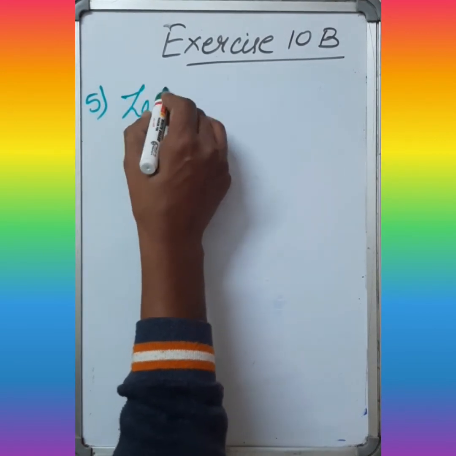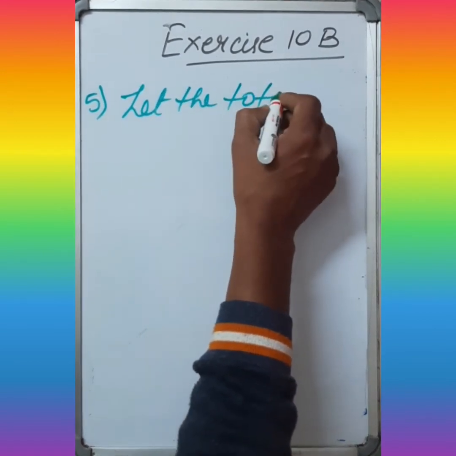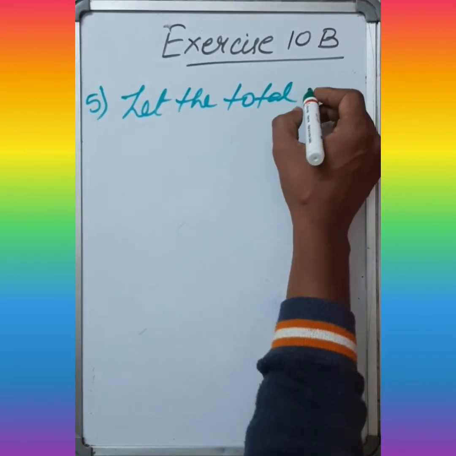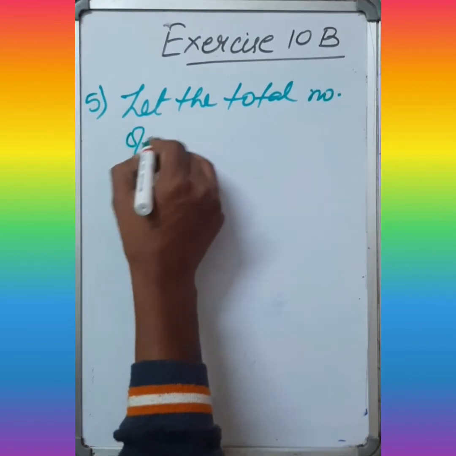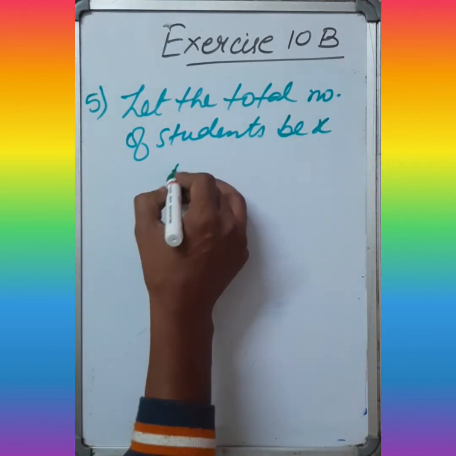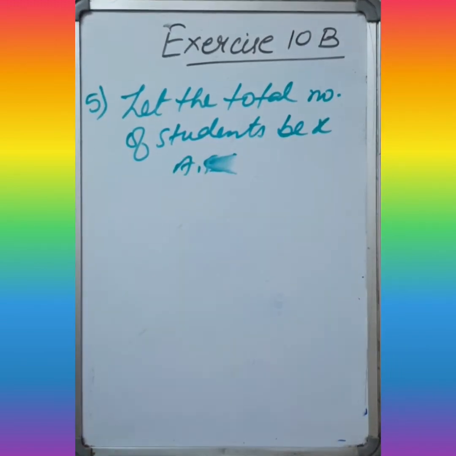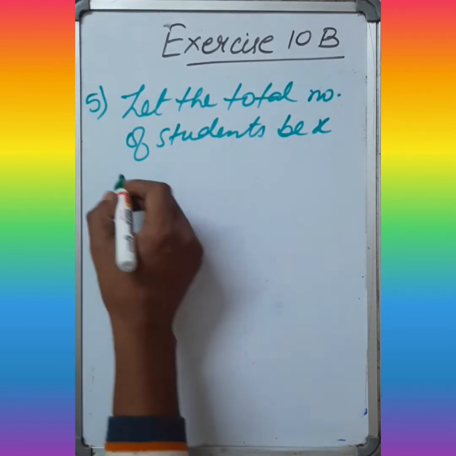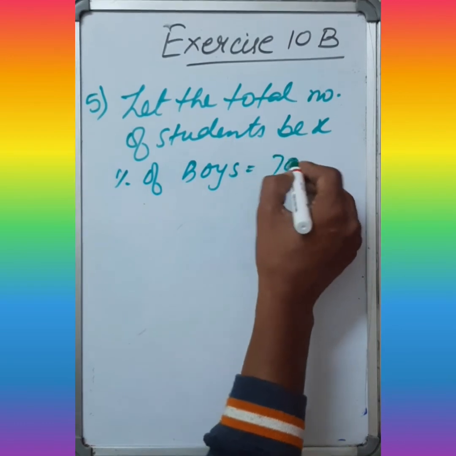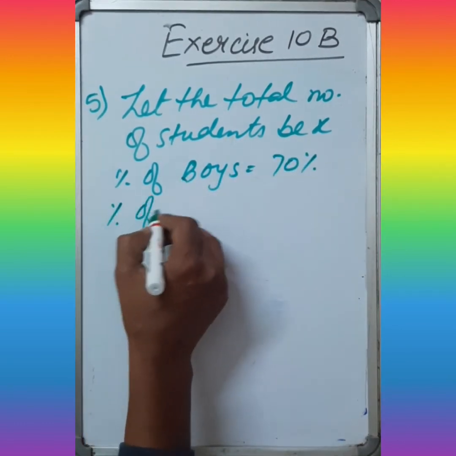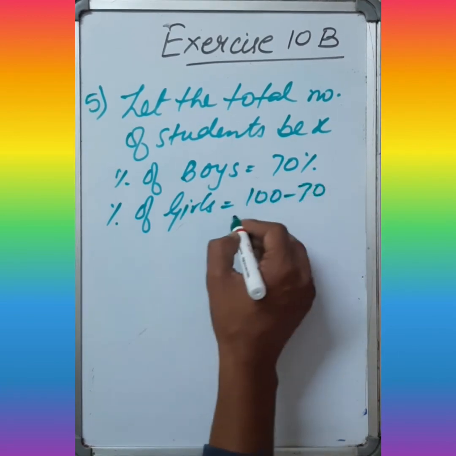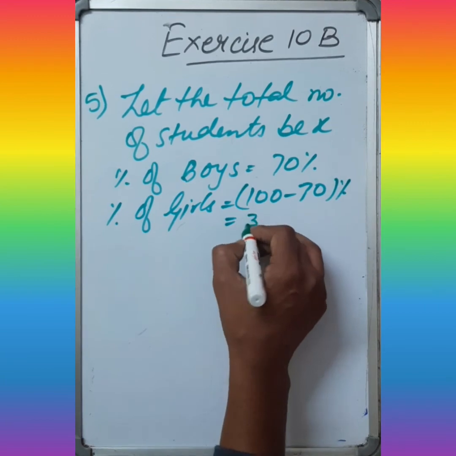So first of all, I'm going to find the total value. Here let the total number of students be x. Okay. ATQ. Percent of boys equals 70%. Percent of girls equals 100 minus 70, that is 30%.